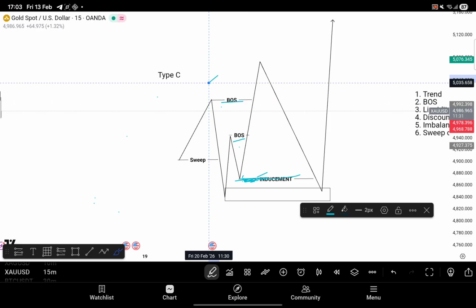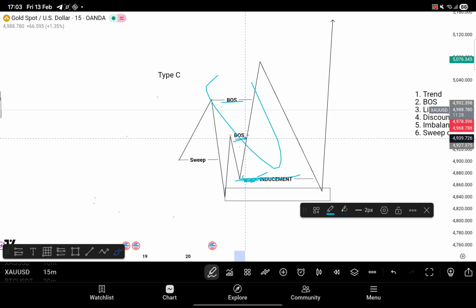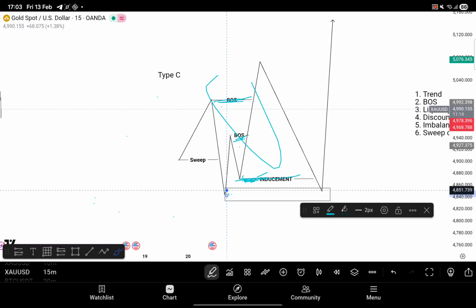In this particular setup, this break of structure is the internal break of structure, while this is the overall external break of structure for the leg that initiated this move, right? And for that leg, it broke structure the same way this broke structure.